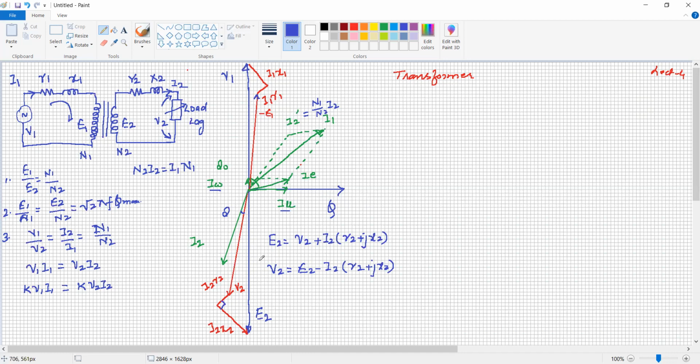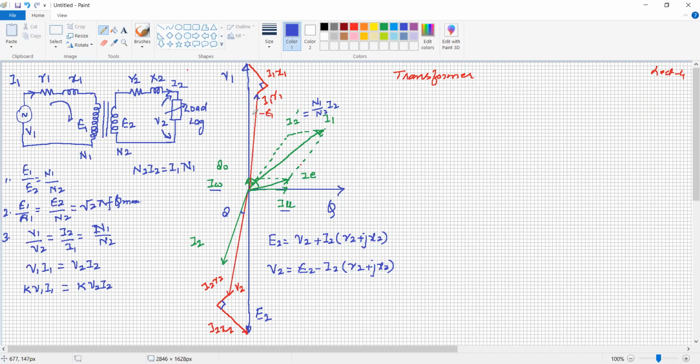Similarly, on the primary side, the voltage applied is V1. Some voltage drops across the resistance R1, some across the reactance X1, and the remaining is the voltage E1. This is the current I1. The resistive drop I1 into R1 is in phase, and in quadrature there is a reactive drop I1 into X1.